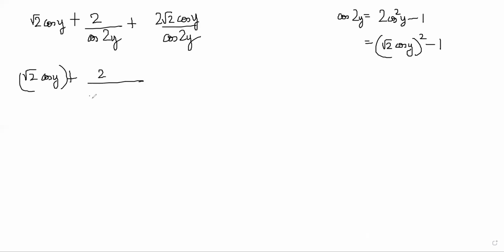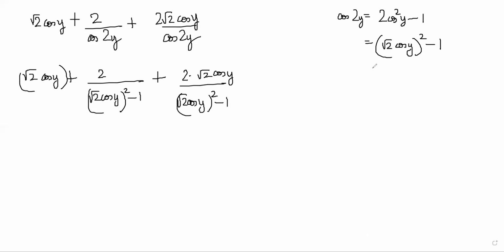We can write it as root 2 cos y plus 2 by root 2 cos y whole square minus 1, plus 2 root 2 cos y by root 2 cos y whole square minus 1. If I take root 2 cos y as my new variable t, I can say t plus 2 by t square minus 1 plus 2t by t square minus 1, right?